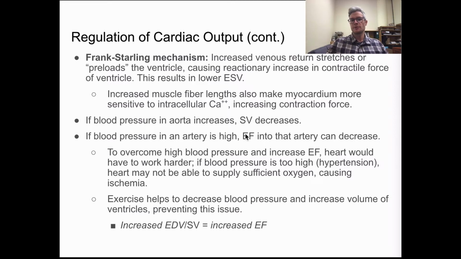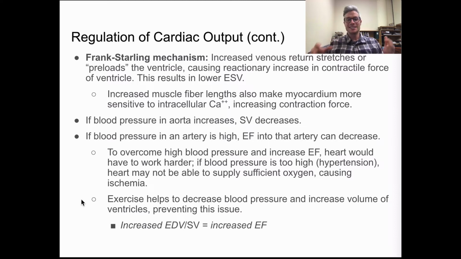And in a similar fashion with the ejection fraction, or the EF, we're just trying to decrease the amount of pressure on our arteries and blood vessels by decreasing how much blood gets pumped out of the heart. And so one of the things that can help alleviate things like hypertension, so high blood pressure, is exercise. Exercise helps with that.